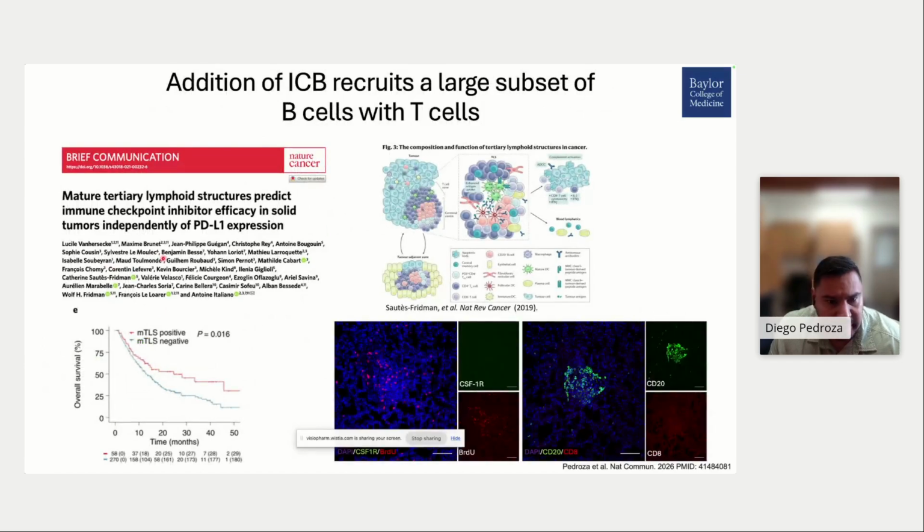We look for tertiary lymphoid structures, which in the literature have been shown to be a good source of response in human samples. And again, using double immunofluorescence, we're able to now capture these CD20, CD8, B cell, T cell, lymphoid aggregates coming together, which we think are able to eliminate the tumor cells.